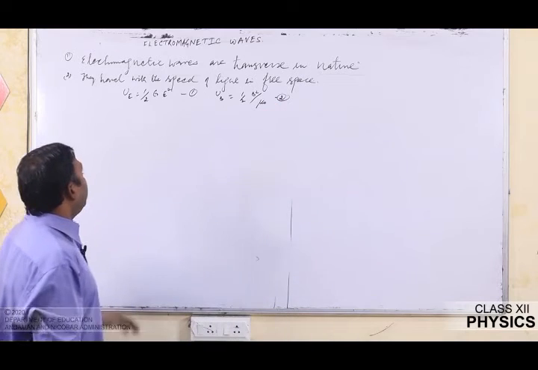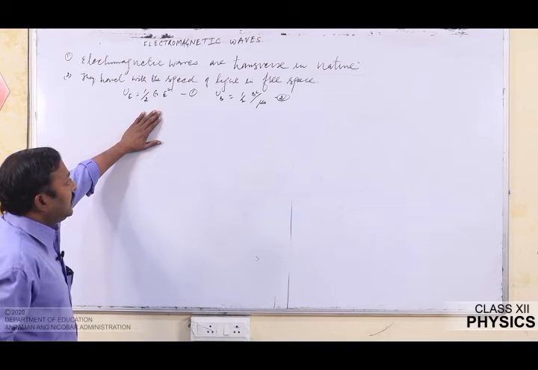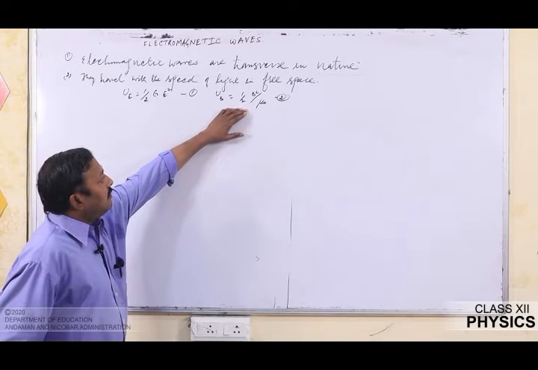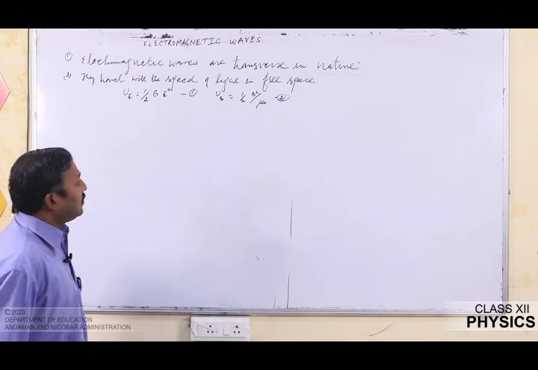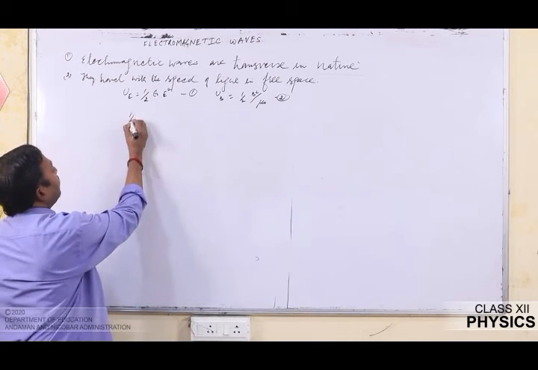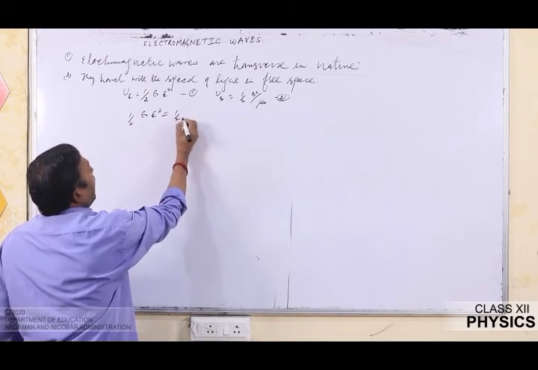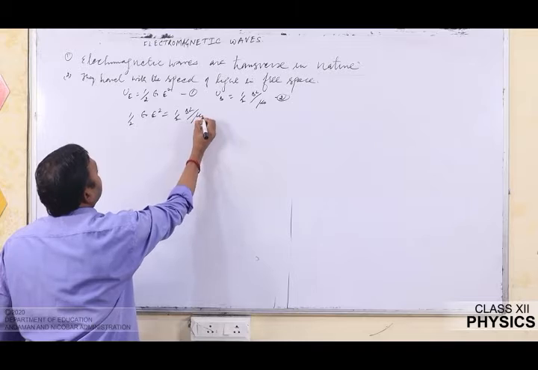When time t is equal to 0, the total energy will be electrical, and at time t after some time, UB is equal to half B square by mu 0. According to the conservation of energy, both these energies must be equal. Therefore, half epsilon 0 E square is equal to half B square by mu 0.